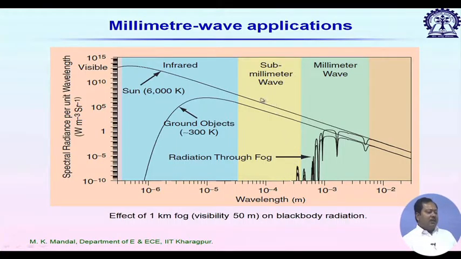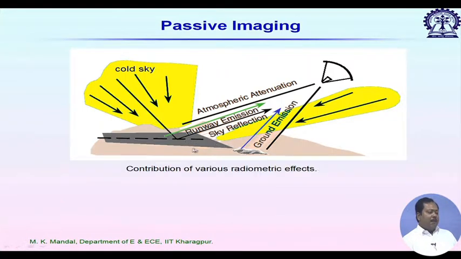At terahertz frequency, we see the contribution is more for this temperature of 300 Kelvin than at millimeter wave frequencies. Now, looking at this object, the runway, immediately surrounded by some other ground objects, the emission depends on its temperature as well as the dielectric constituents of the material.